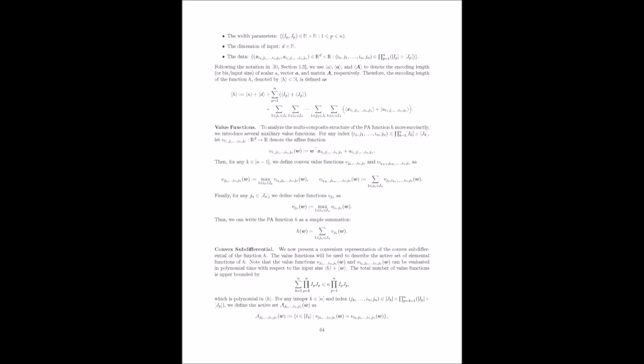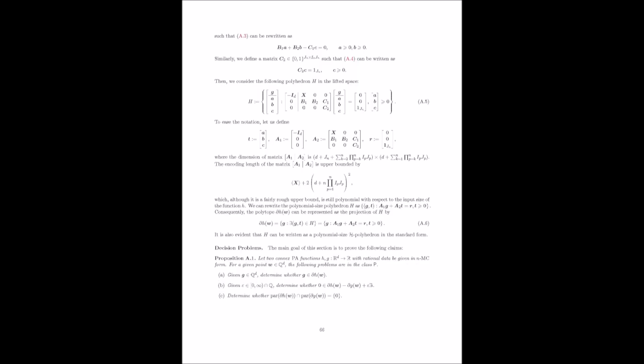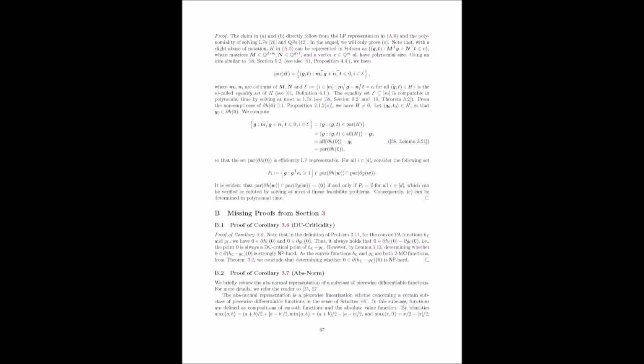So even with this more relaxed condition, we're still not out of the computational woods. Unfortunately not. The paper shows that testing for DC criticality in PA functions is still NP hard. These hardness results really highlight the inherent difficulty of pinning down those stationary points for PA functions, which has puzzled researchers for quite some time.